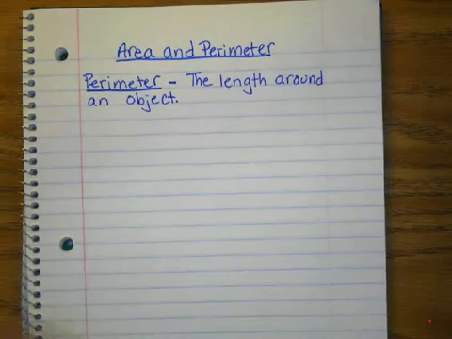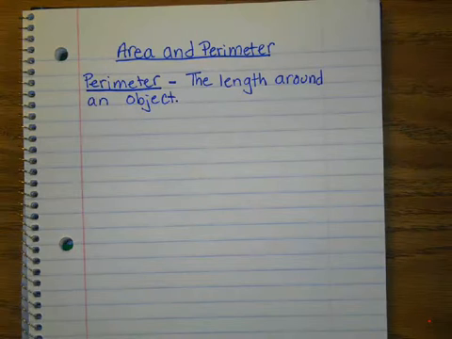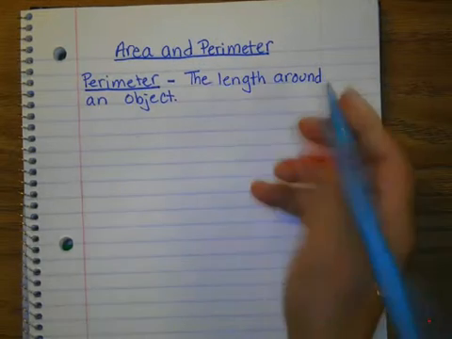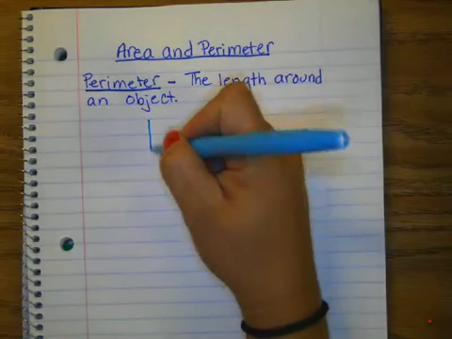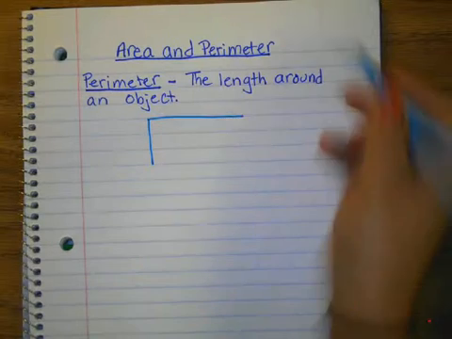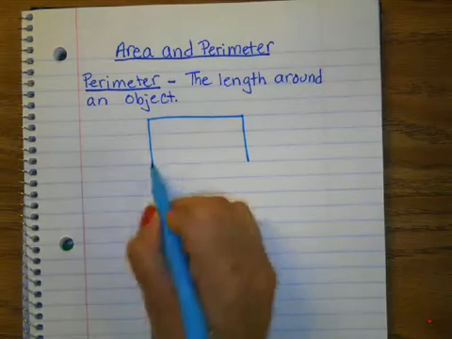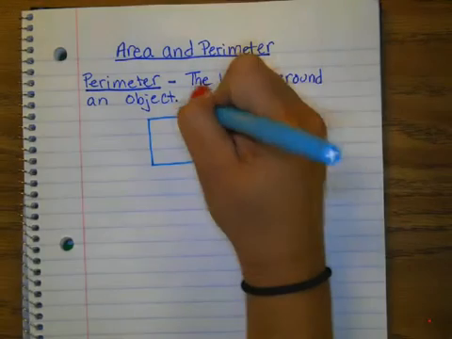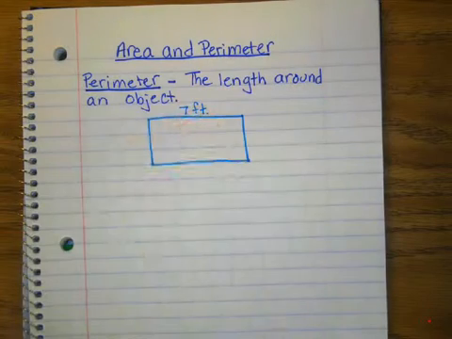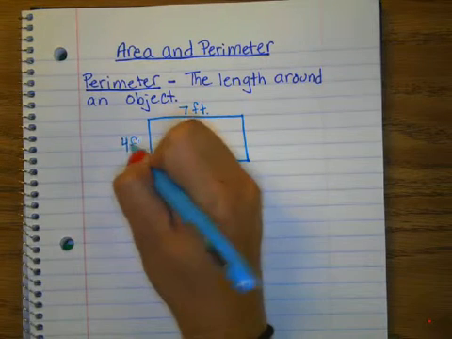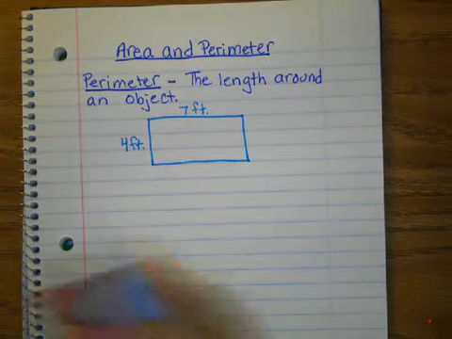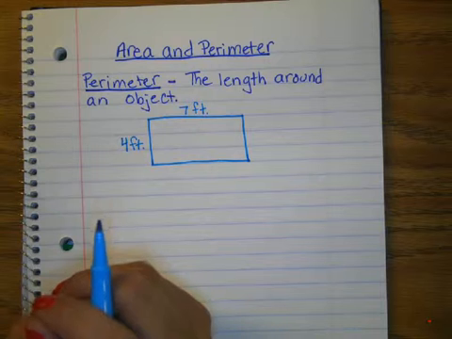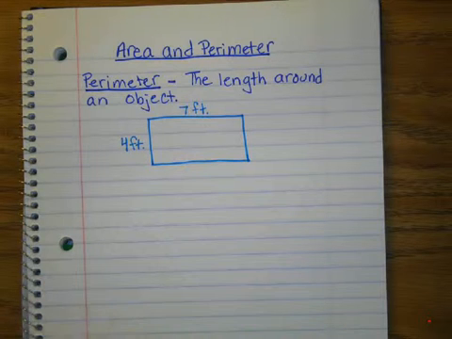So I always think about my dog. If I have a backyard and it's a perfect rectangle, and on one side it's 7 feet, and on the other side it's 4 feet, and I want to build a fence around my backyard to keep Nala inside of it, I want to make sure that my measurements are exact, because if we risk letting her out, then we have a whole new problem, don't we?